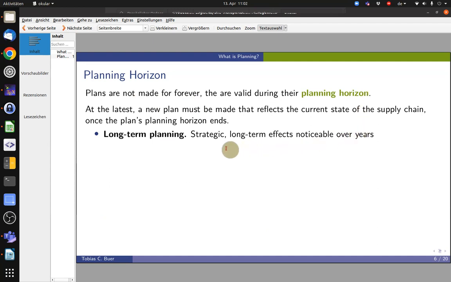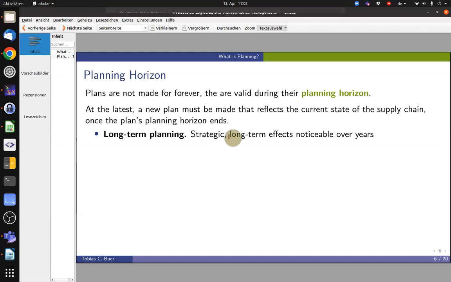And we usually distinguish between 3 planning horizons. Long-term planning is a planning horizon of typically several years. And we often call this level also strategic planning.